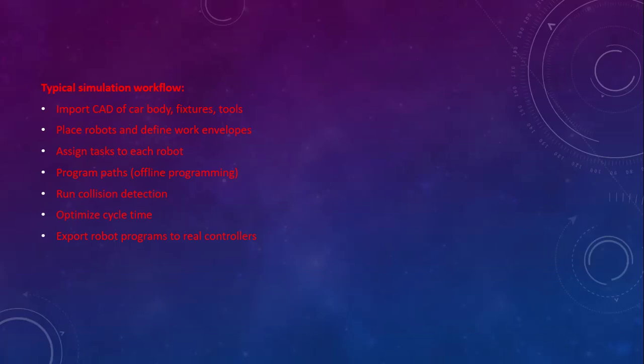Work envelope is nothing but identifying the maximum coverage area of the industrial robot, the maximum distance by which it can move and pick the various objects to do the physical activity. Then assign the task to each robot, program the path, then perform the collision test. From that, you try to optimize the cycle time, then export the program to real controllers. So this is the typical workflow of a simulation exercise.